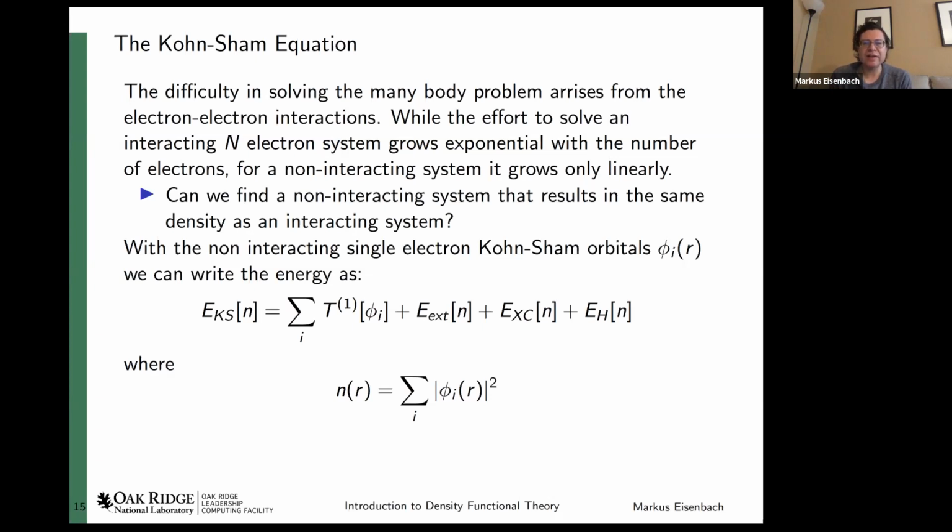If we had these non-interacting single electron auxiliary electrons, in a sense, Kohn-Sham orbitals, and now lowercase phi i, we could write the energy of the system as now the sum over the single electron kinetic energies.